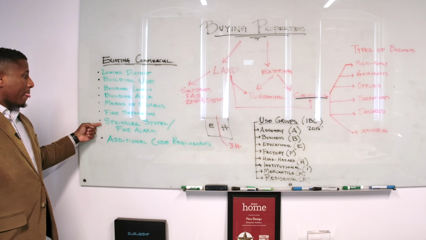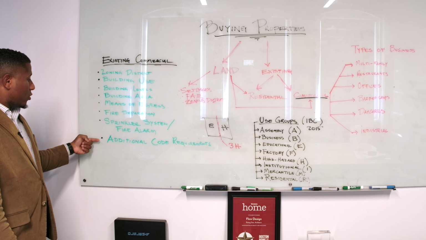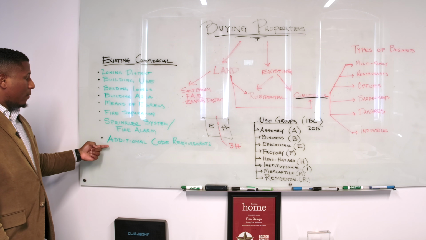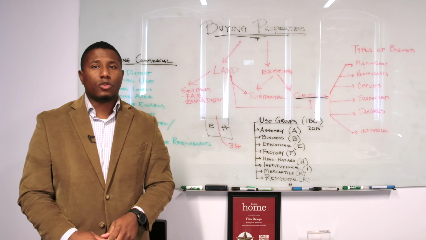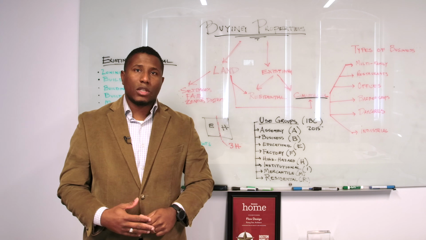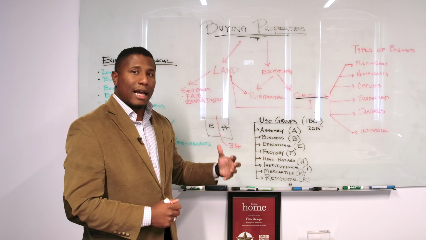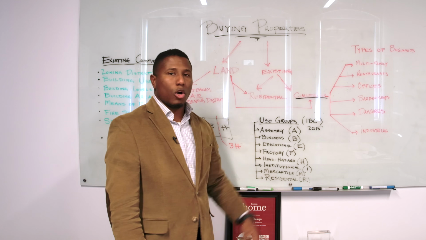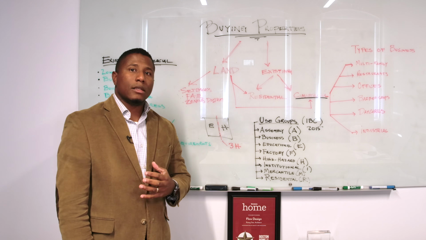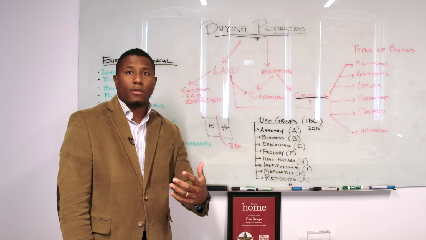So very important. And lastly, there are also things that you need to consider that are additional code requirements for these particular use groups. We are in Salem, Massachusetts. Massachusetts has amendments to the International Building Code, and these amendments relate to the use groups that you're trying to renovate.